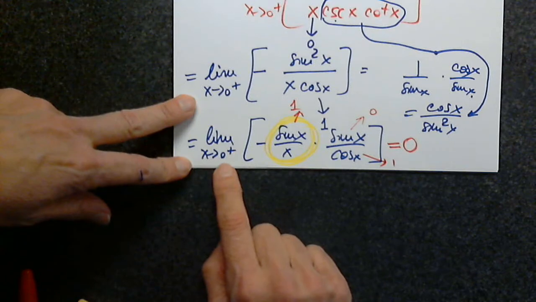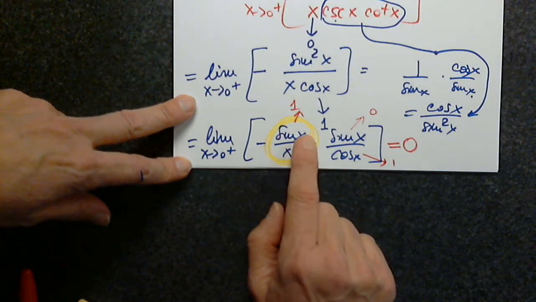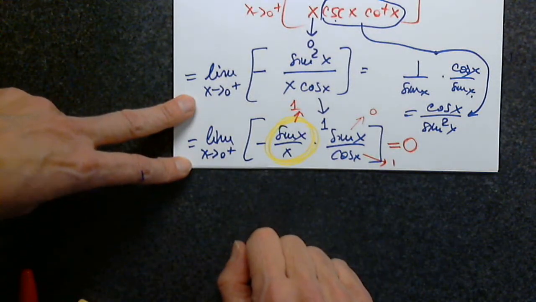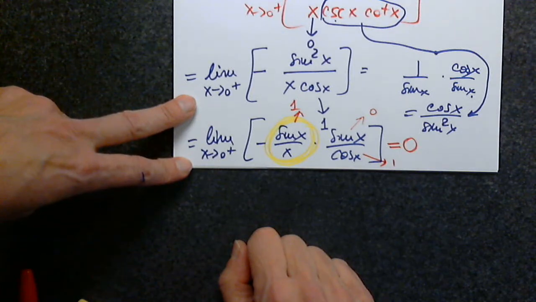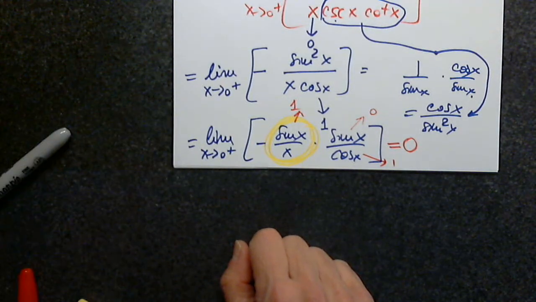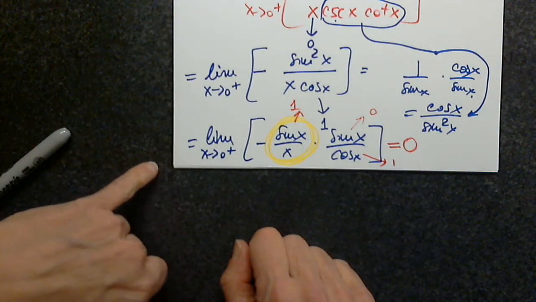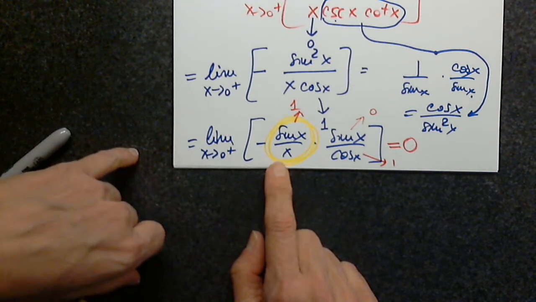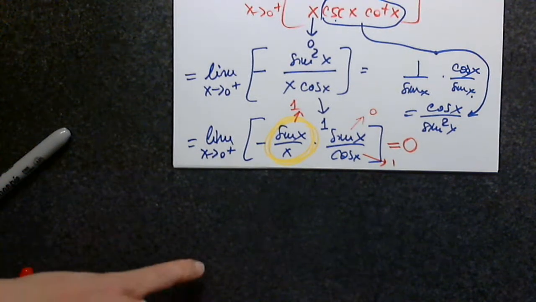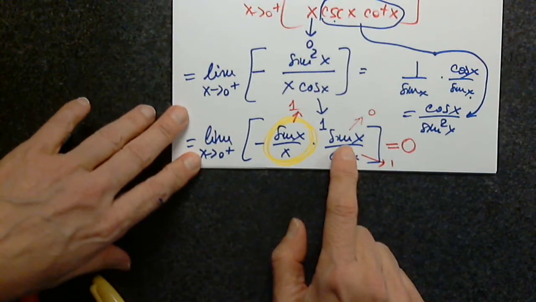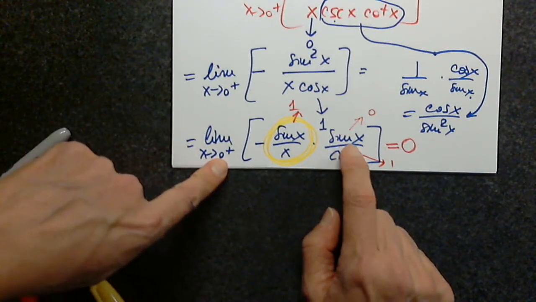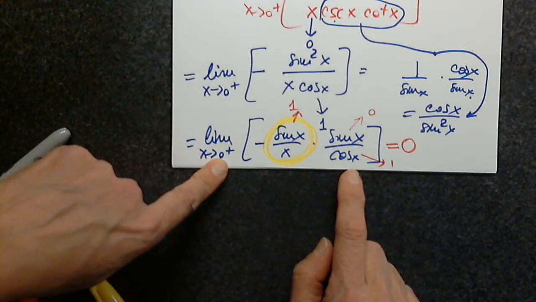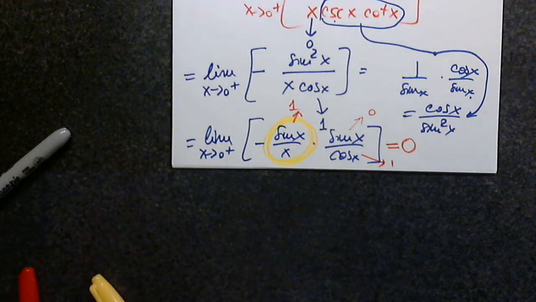As x approaches 0, the limit of sine x over x approaches 1. A long time ago when we couldn't even use L'Hopital's rule, we graphed it. Then when x approaches 0, sine approaches 0, but cosine approaches 1. So this is no longer an indeterminate case. 0 at the top and 1 at the bottom. So therefore the limit is 0.